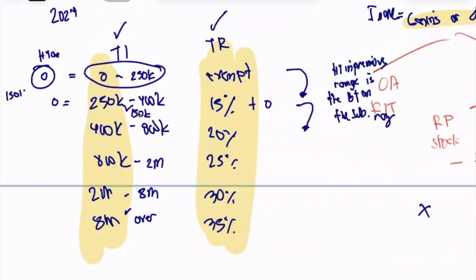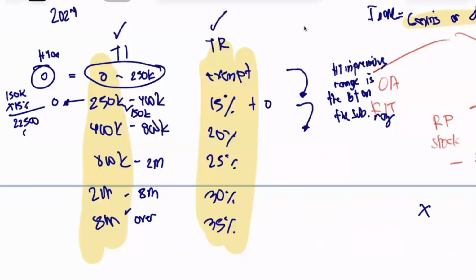So 150,000 multiplied by the rate of 15%, magkano yan? 150 times 15%, we will get 22,500.